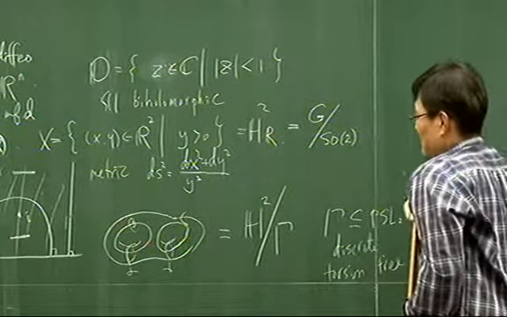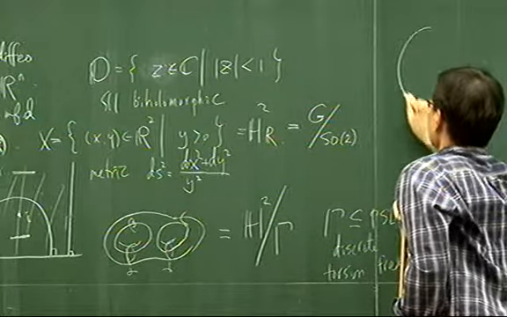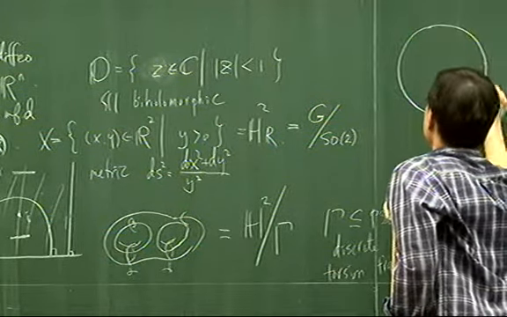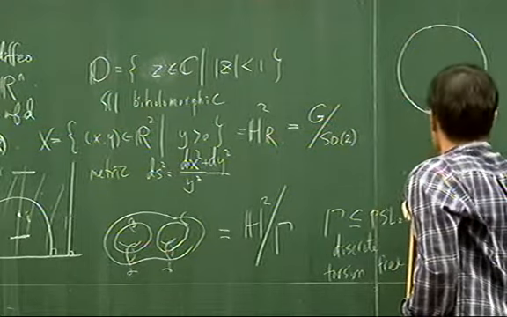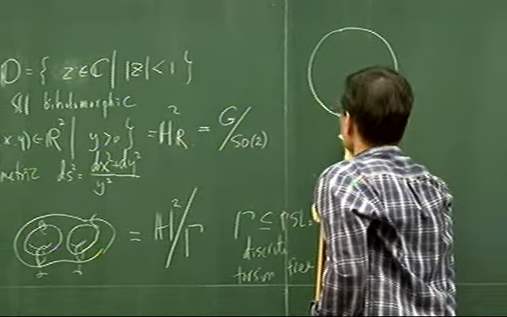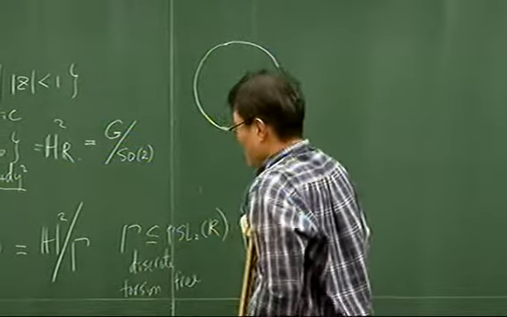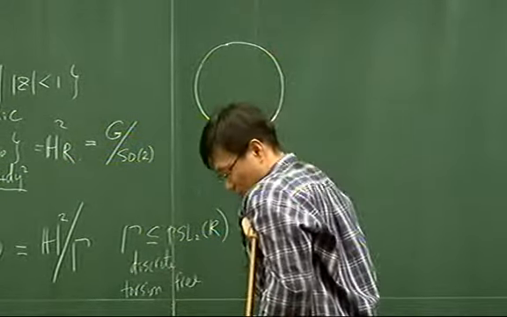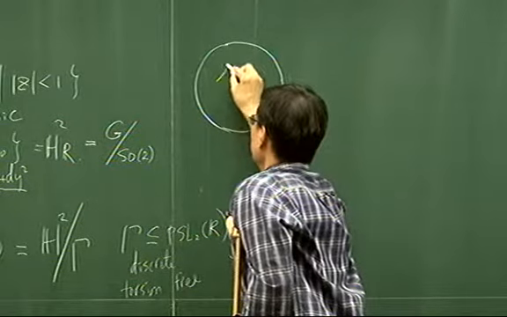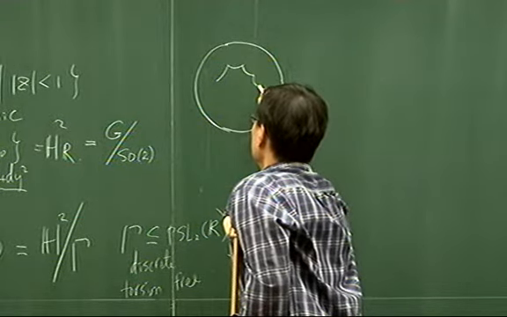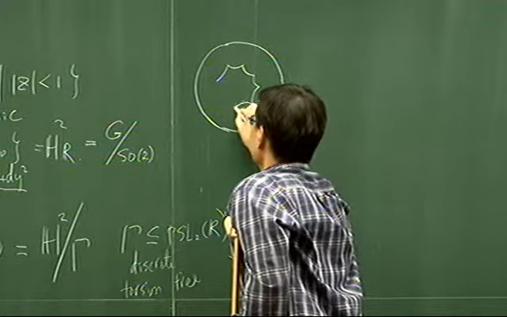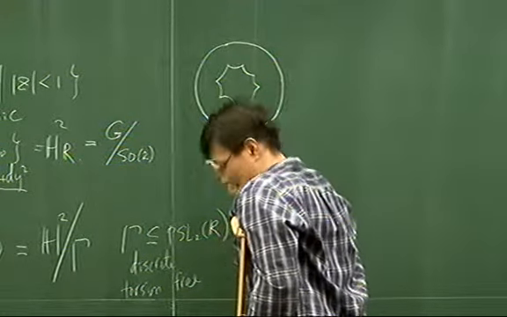Then you can visualize this action a little bit like this. So this is a unit disk in complex numbers, and you have how many? 1, 2, 3, 4, 5, 6, 7, 8.